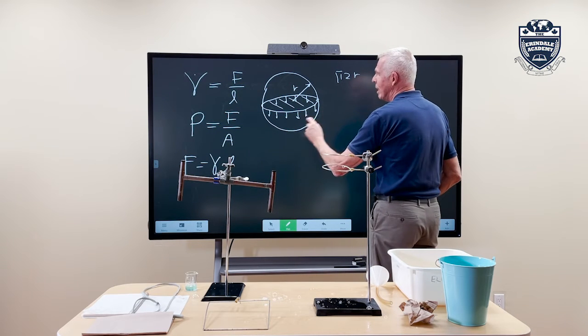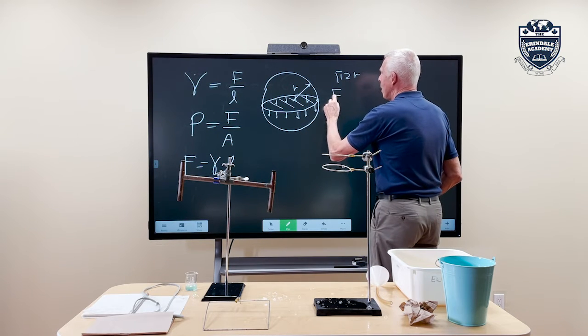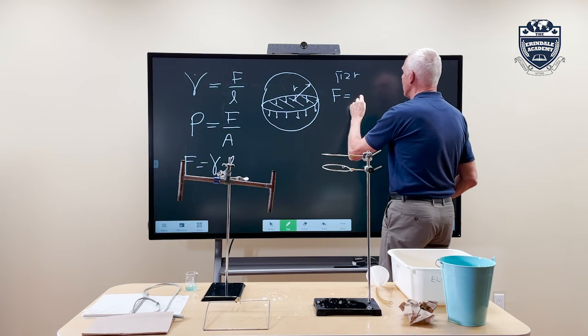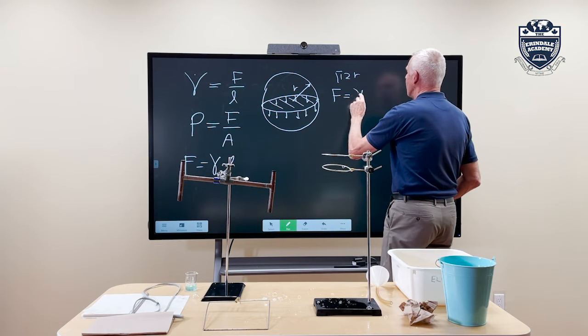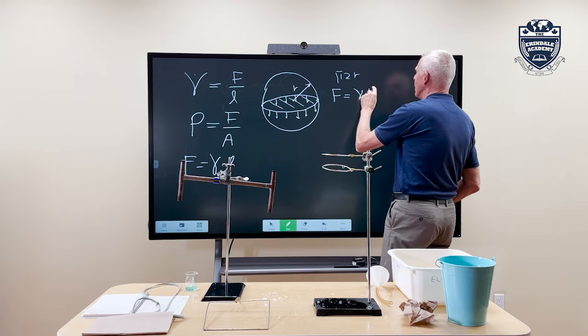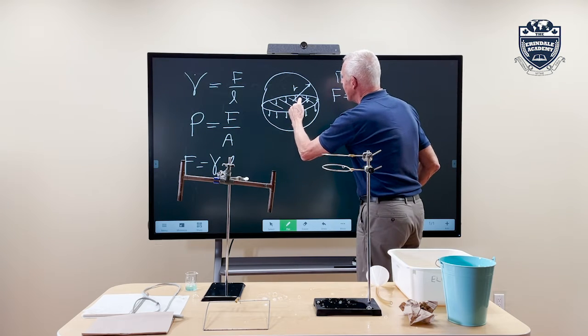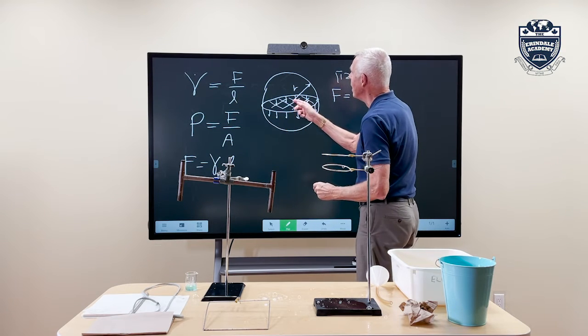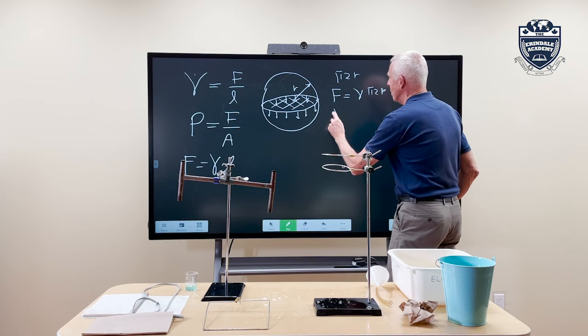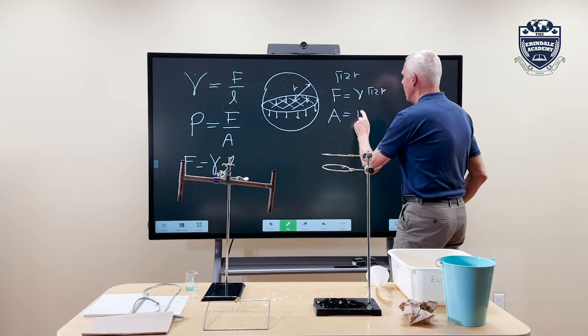Well, the force is equal to the surface tension times the length. Surface tension times 2πr. Now that's acting on an area here. Well, what is this area here, this hatched area? It's πr squared.